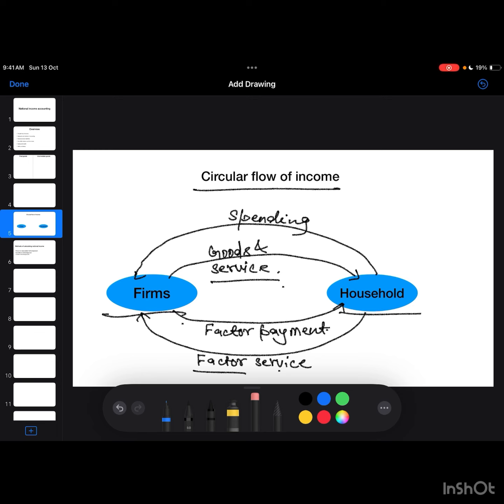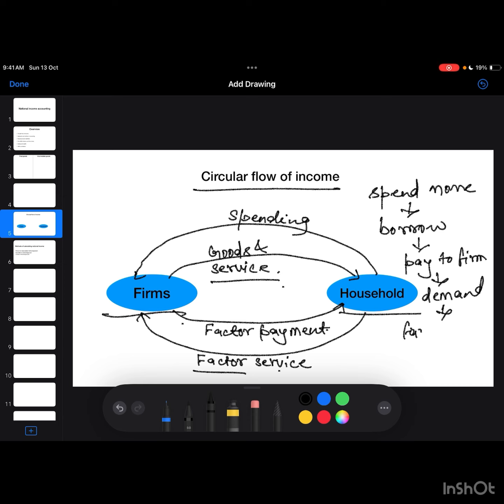Now there is also a concept that an individual can spend more than what he earns. So for that he has to borrow from someone. If he will borrow and spend more or pay to firm, then the demand will increase, then households will provide more factor services.